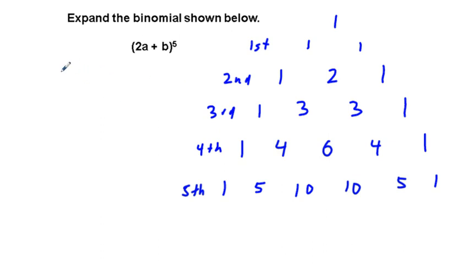So we would have 1, and we'd have this 2a to the 5th power and b to the 0 power, plus 5.